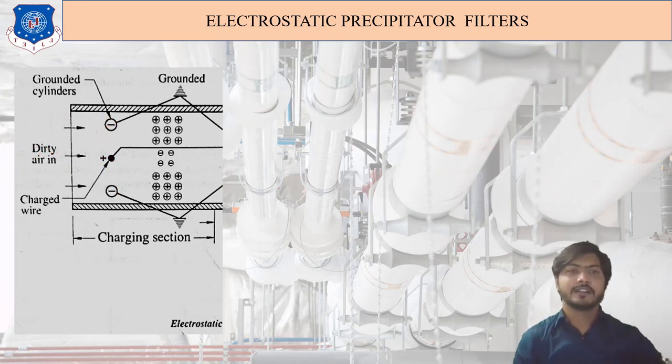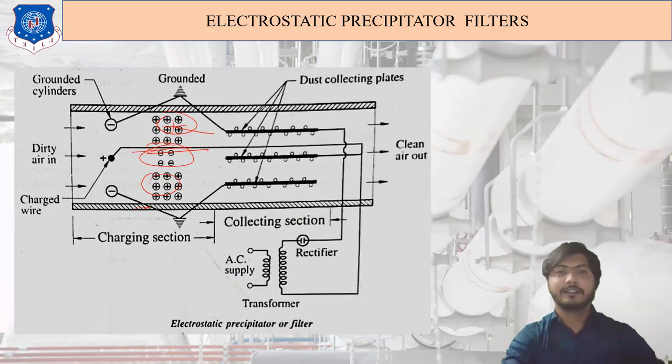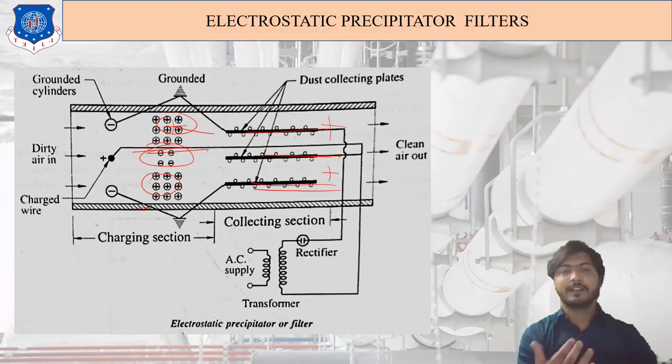After ionization, the charged particles are attracted to the plate of opposite polarity. So after ionization, what happens? Three consecutive plates are placed here: positive, negative, and positive.